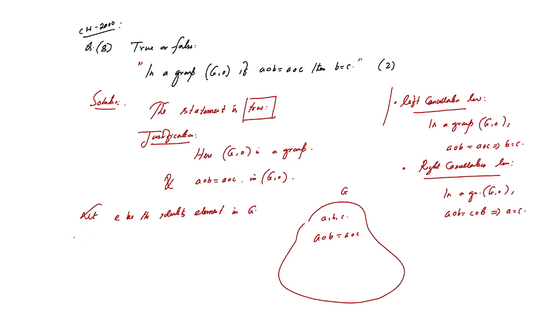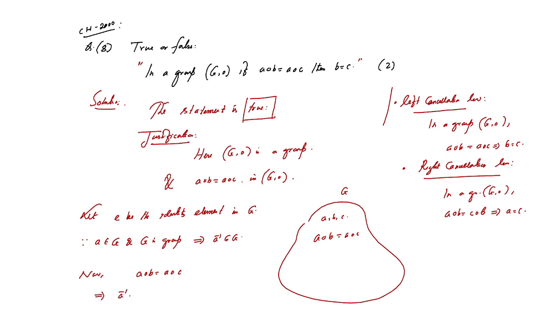Now, what we assume: since A belongs to G and G is a group, that implies A inverse must belong to G. Now, what is given? A naught B equals A naught C is given.